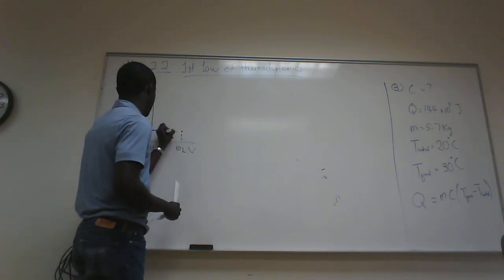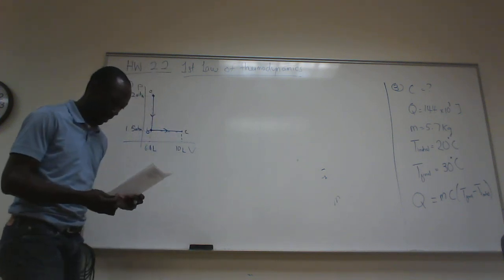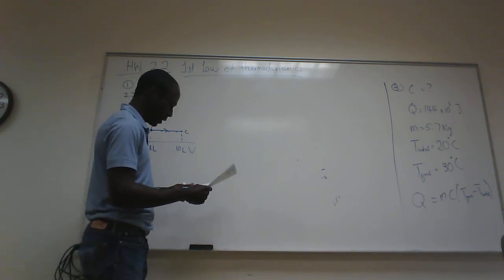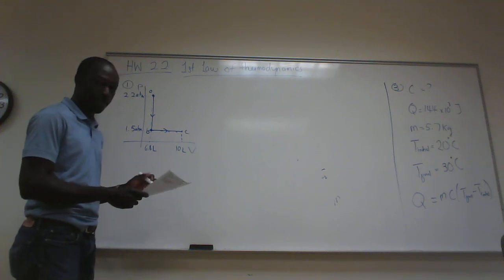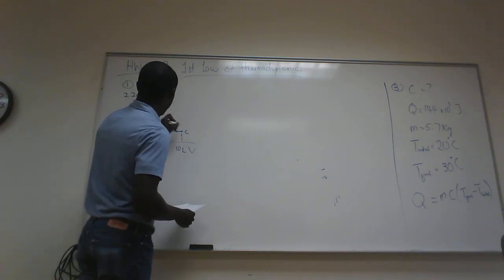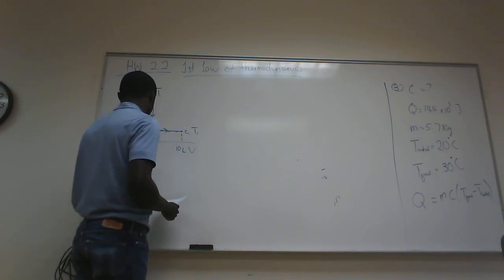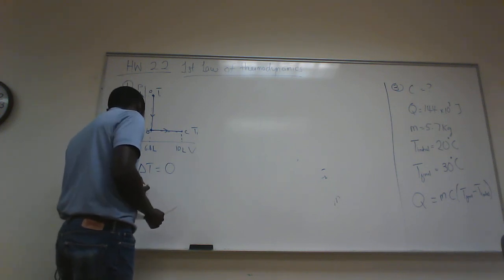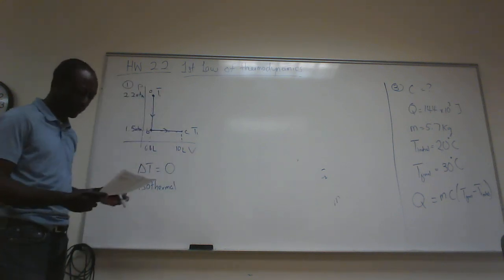And then it goes from point B to point C. And we're told that the temperature reaches its original value. So the temperature at this point here is equal to the temperature at this point here. So delta T is equal to 0. So since delta T is equal to 0, we know that we have an isothermal process going from A to B back to C.